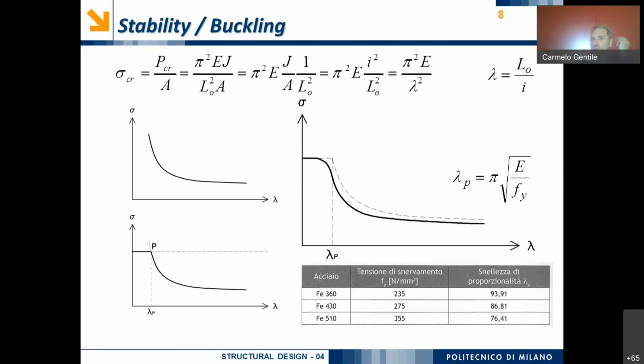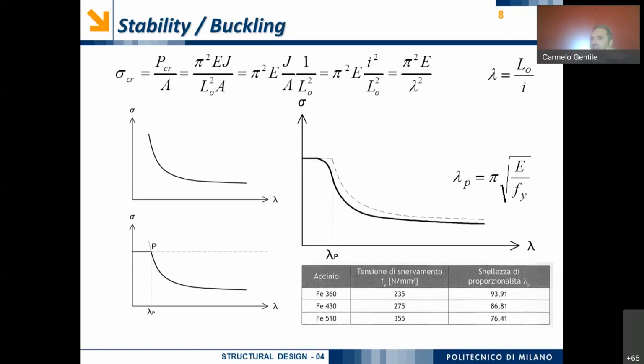So when I express this in terms of the radius of inertia, I have the ratio between i squared and L0 squared. L0 is the effective length, or L0 squared is the square of the effective length. Of course, it depends on the length of the beam or of the column and on the constraint condition.